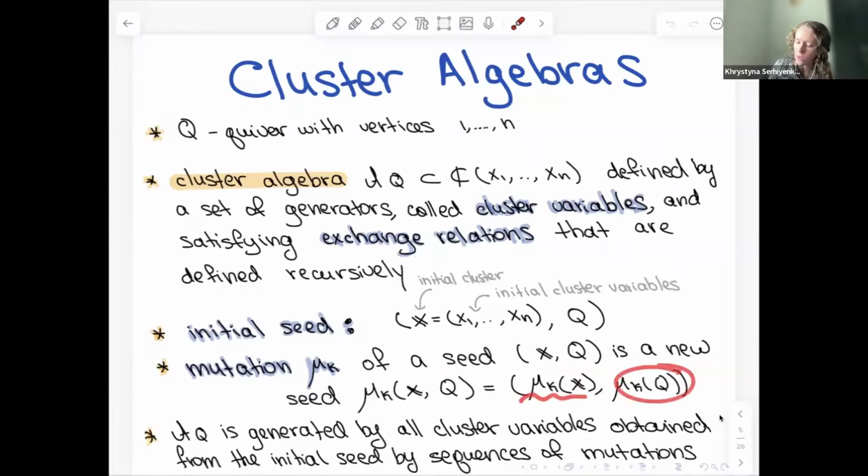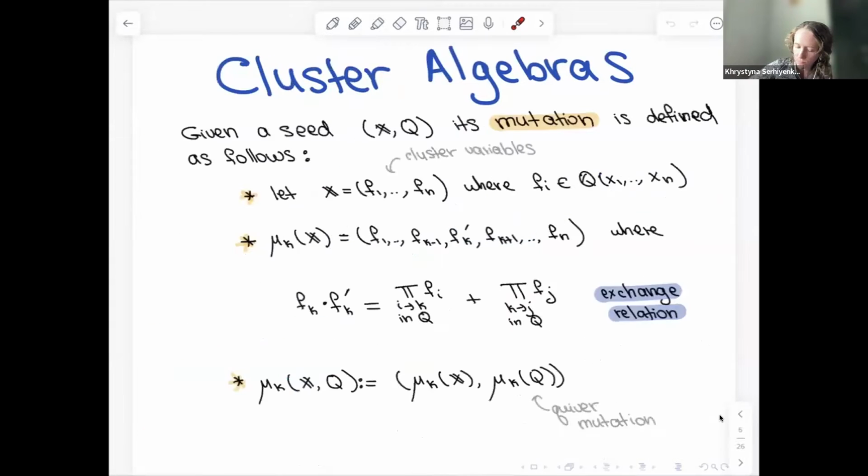I'm just going to tell you next what the new cluster is. The cluster algebra is then generated by the set of all cluster variables obtained from this initial seed by sequences of mutation. You start with the initial seed, you mutate at all the possible vertices, you get one step away from the initial seed, and then you mutate more and more, and possibly you need to do so infinitely many times, and you keep generating more and more cluster variables. In this way, you build your cluster algebra.